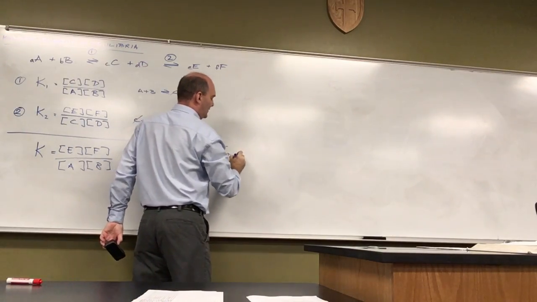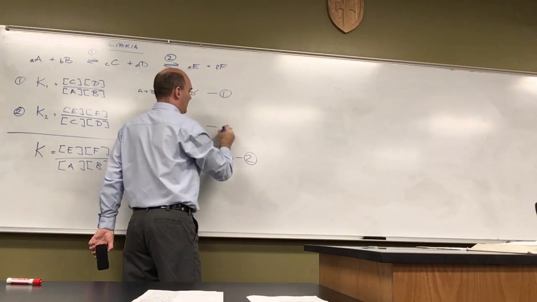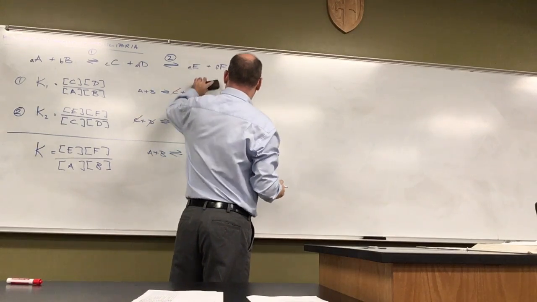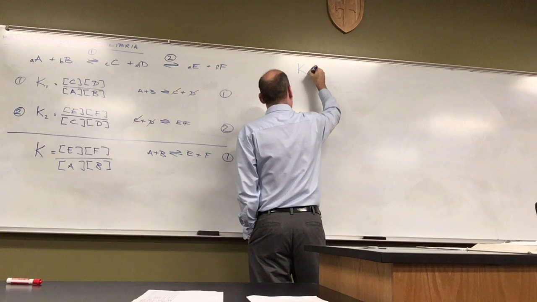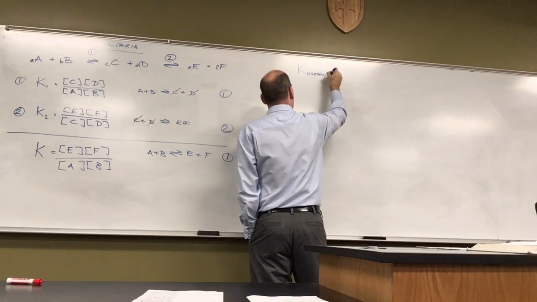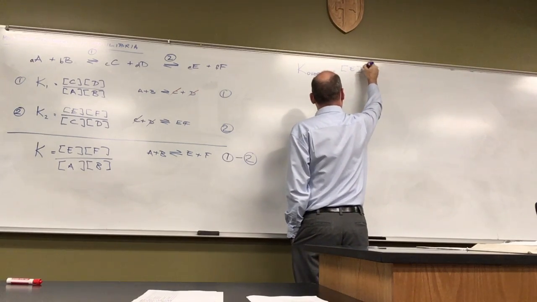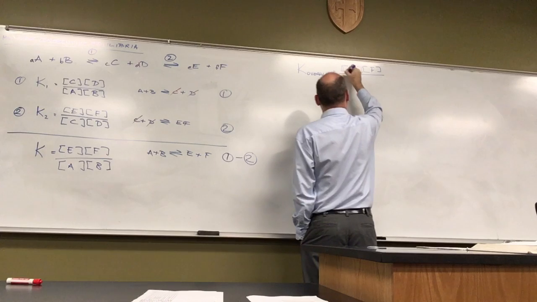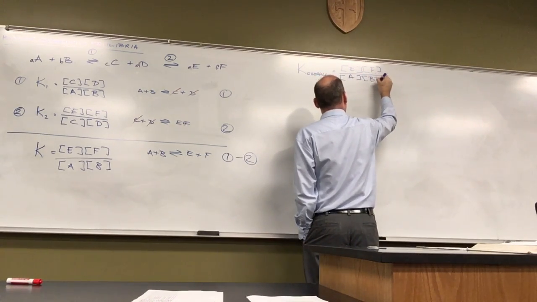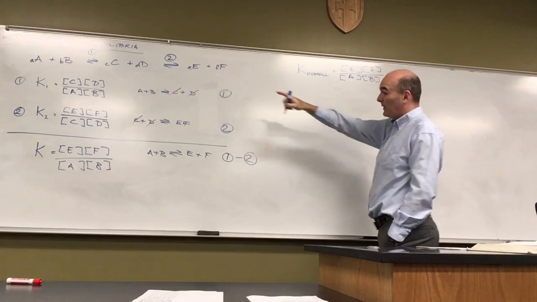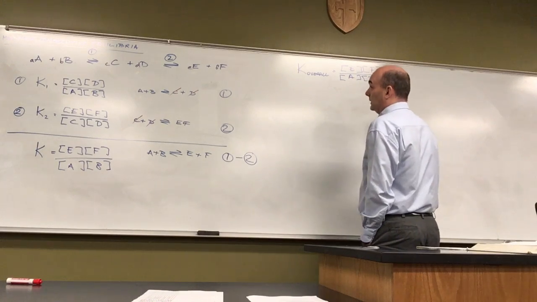This is what happens if you subtract reaction 1 from reaction 2. So we'll put minuses there. Let's look. K overall equals E F over A B. Let's break it out into what K1 and K2 are.